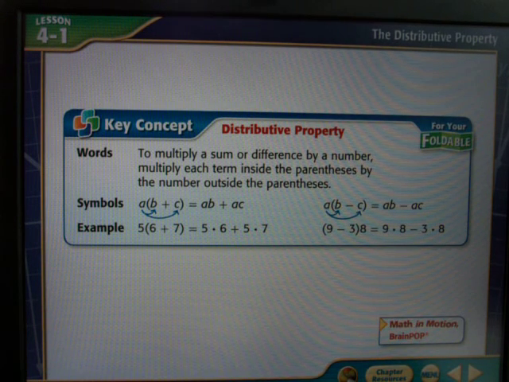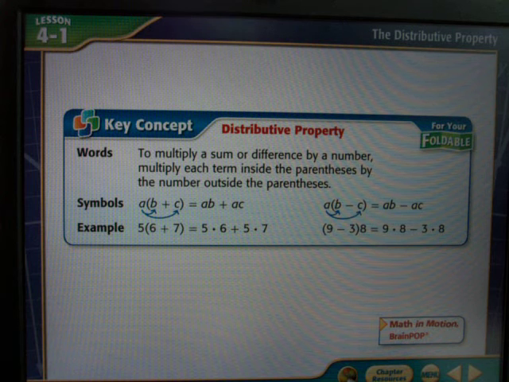And here it is. When you see the distributive property, you're going to multiply a sum or a difference by a number. You're going to multiply each term inside the parentheses by a number outside the parentheses. For example, 5 times the quantity 6 plus 7 is the same as 5 times 6 plus 5 times 7.